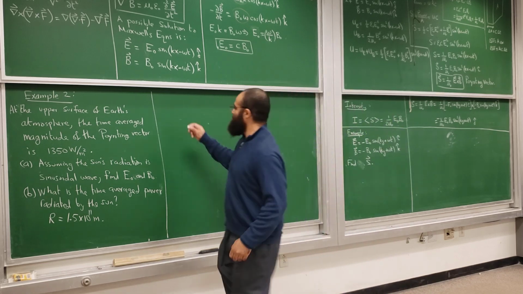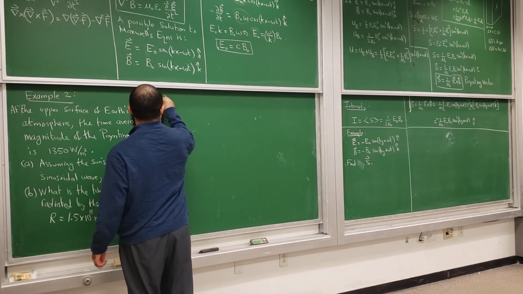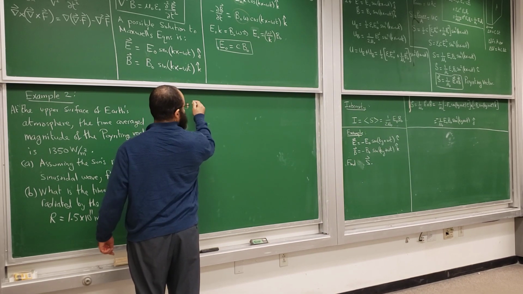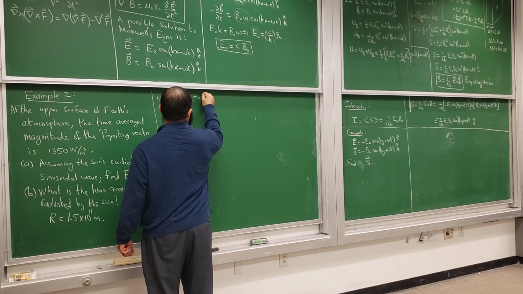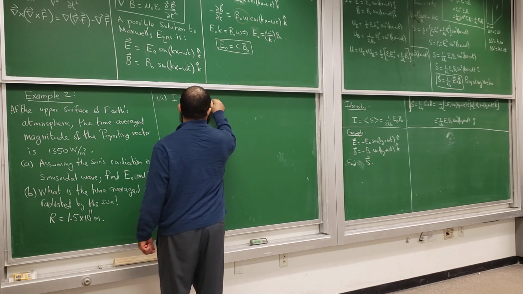So we know for part A, the intensity is E naught B naught over 2 mu naught.